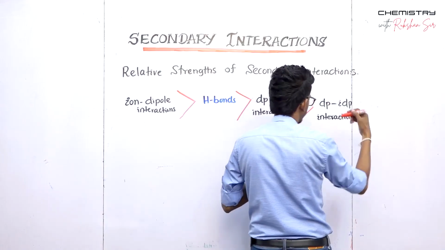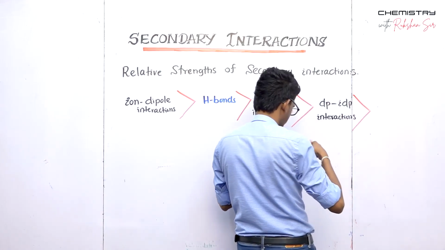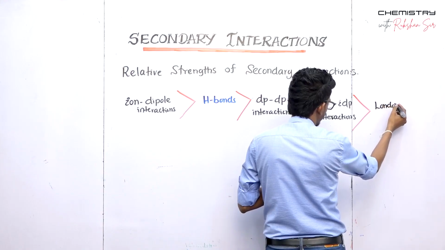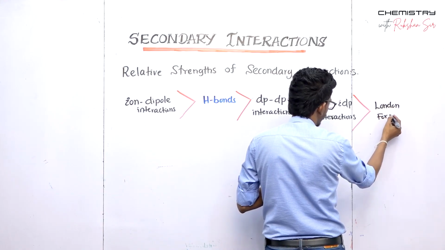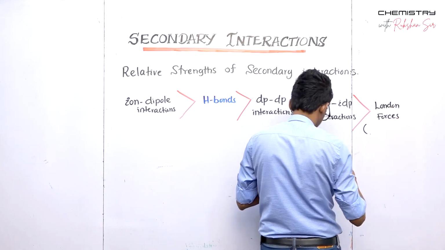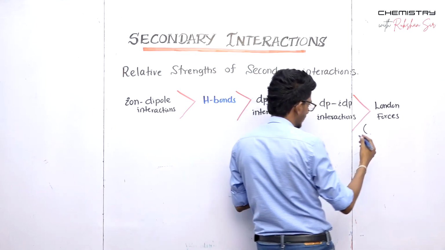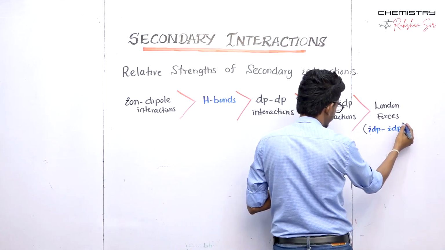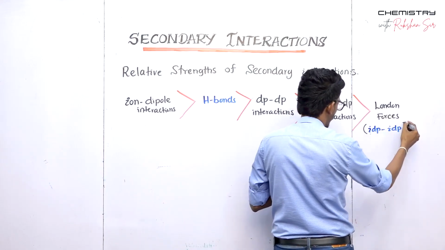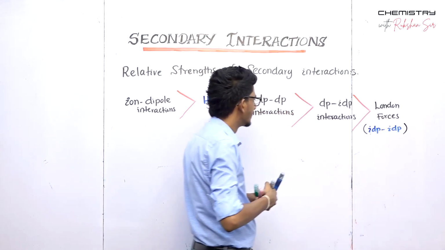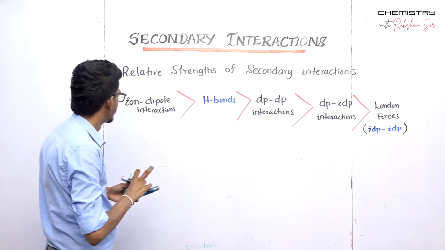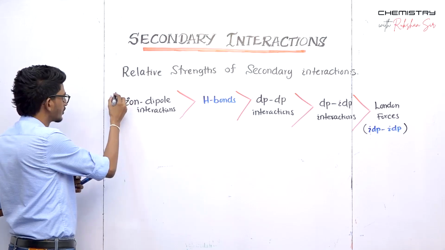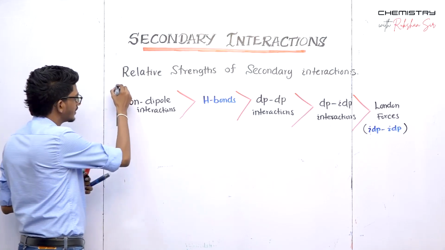The least strength is with London dispersion forces, which are the interactions between induced dipole and induced dipole. Right? This is the idea. This is how the strength of secondary interactions vary.